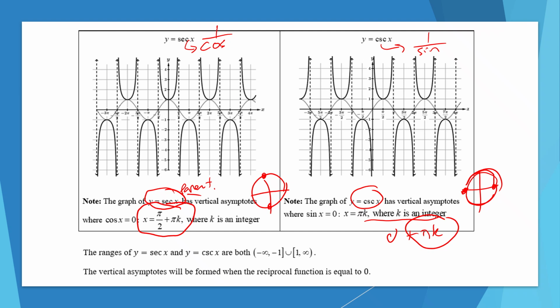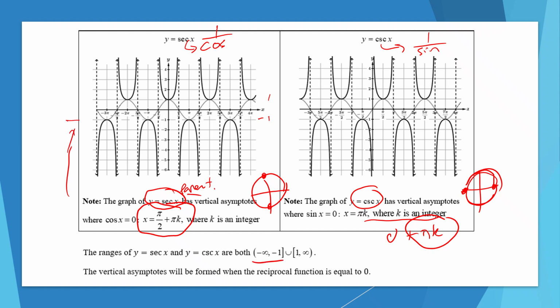All right, and then also notice the range. The range would typically be from -1 to 1 for sine and cosine. However, because secant and cosecant are the reciprocals, their range is basically everything that's not that. So our range for secant, if we look at this graph, goes from -infinity up to -1.